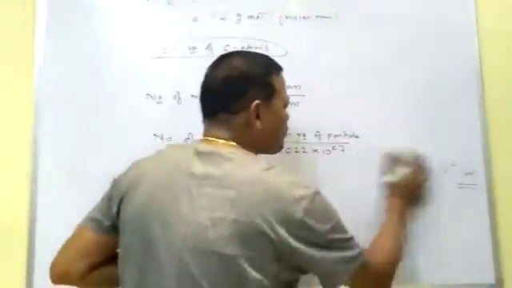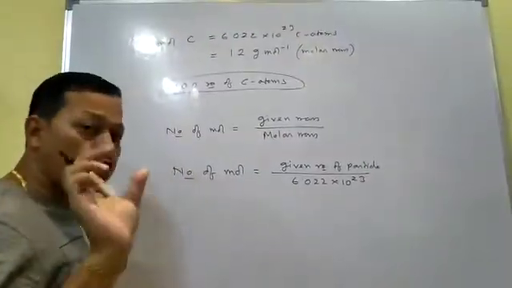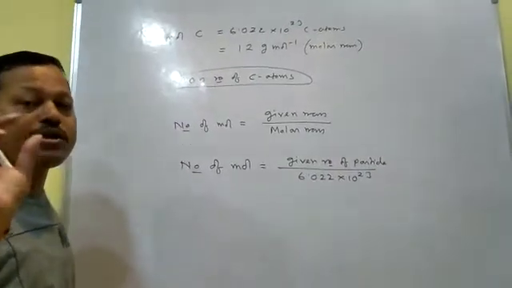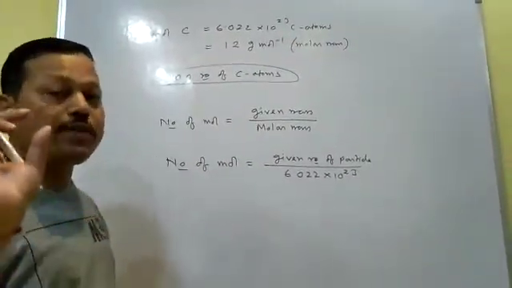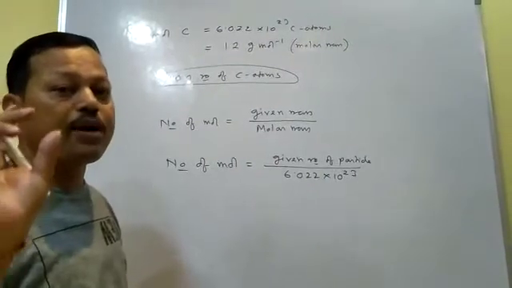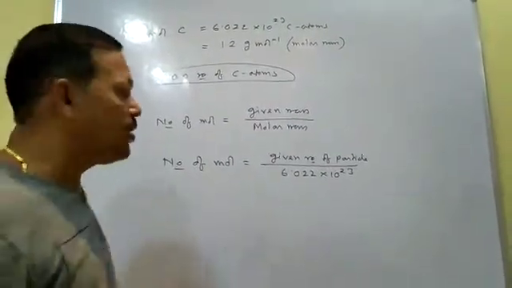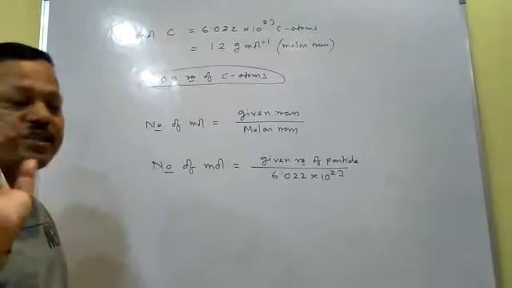Similarly, if volume is given, as I have told you, the volume concept is applicable only for gas, and you can apply 22.4 liter only when the condition is STP. So in the question it will mention STP.